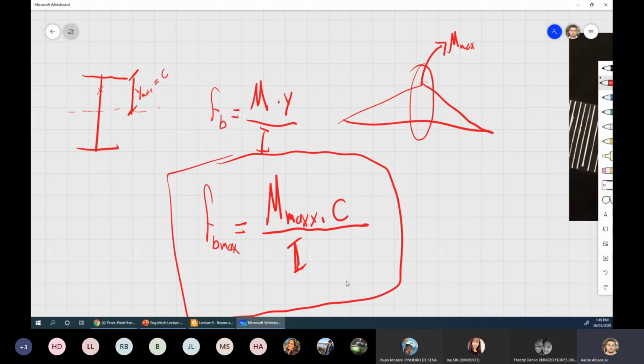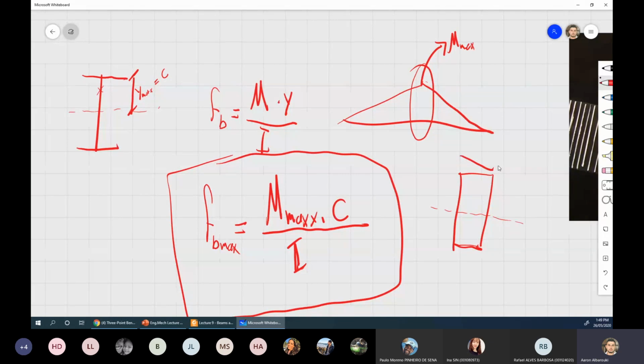So this is our formula for maximum bending stress. Rafael, you've got a question? Yes, Aaron. What's the value of I? So I is the second moment of area or moment of inertia. There's no one value for I. If we have a rectangular shape like this, and I'm trying to find I for that shape, it would be BH cubed on 12.